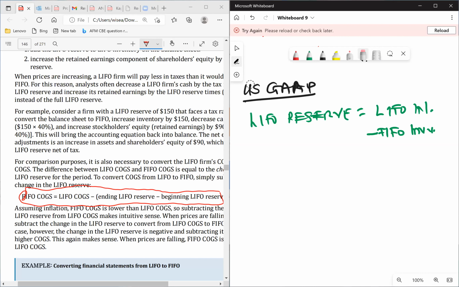So to reconcile it, add the LIFO reserve to the LIFO inventory to compare it to that of FIFO. And then you also increase retained earnings by the LIFO reserve.